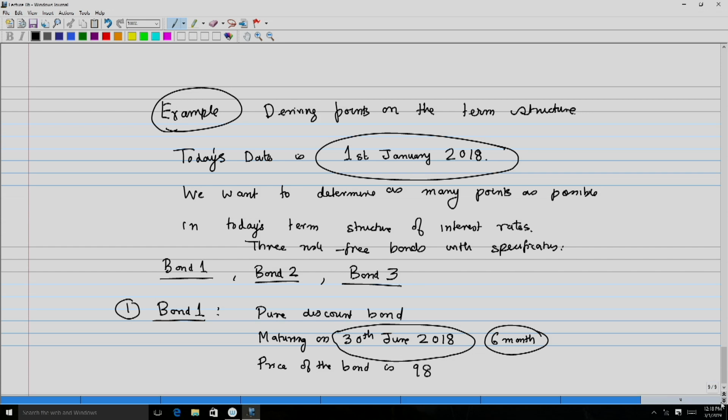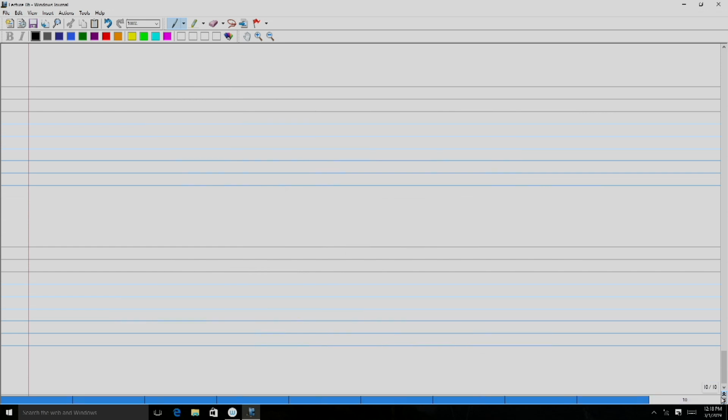Okay. Now, let us look at a second bond, or bond 2. This is going to be a coupon bond. Now, since we talk about a coupon bond, we need to specify what the coupons are going to be and at what duration.